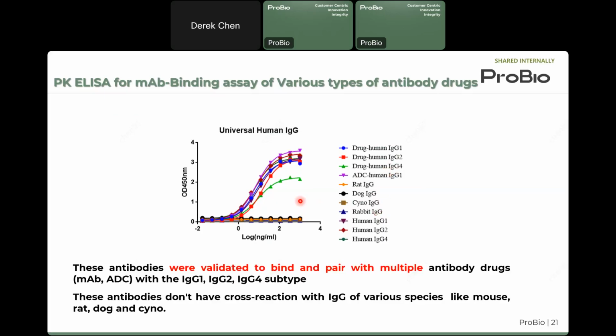So this data demonstrates that these PK2 antibodies associate with human IgG, which comes with different isotypes, IgG1, IgG2, IgG4, and different modalities, the monoclonal antibodies and the ADC antibodies, in the nanomolar affinity range. In the meantime, these antibodies do not cross-react towards any other animal IgGs, including rats, dogs, cynomolgus monkeys, and rabbits.